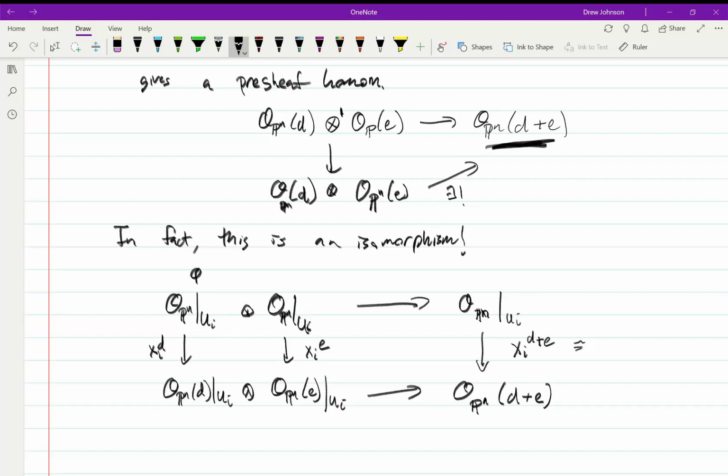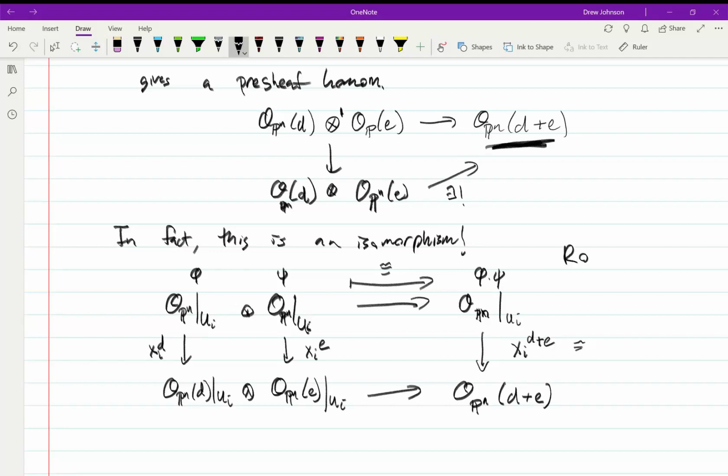But now we should look at this phi psi. How does this map work? It just maps to phi times psi, just a multiplication of the regular functions, right? And it's clear that this is an isomorphism. For any open subset of U_i, you just take the regular functions on U_i, tensor them with the regular functions on U_i over the regular functions on U_i.